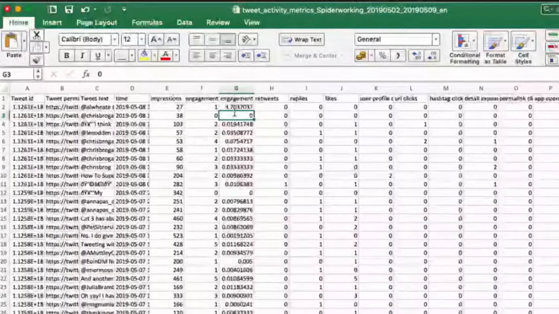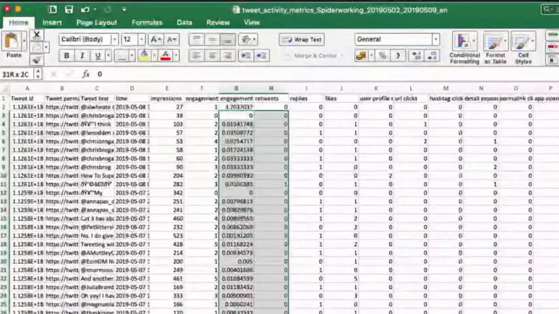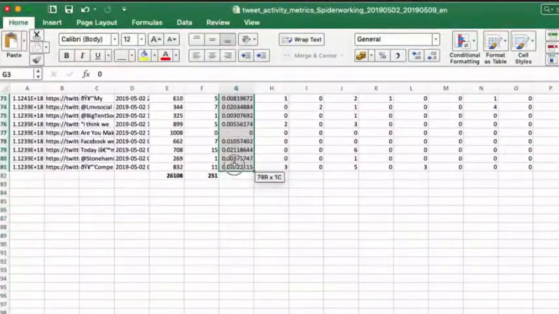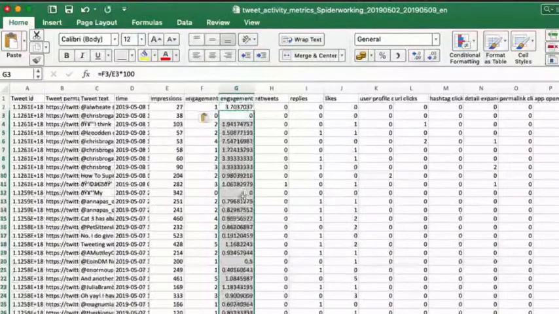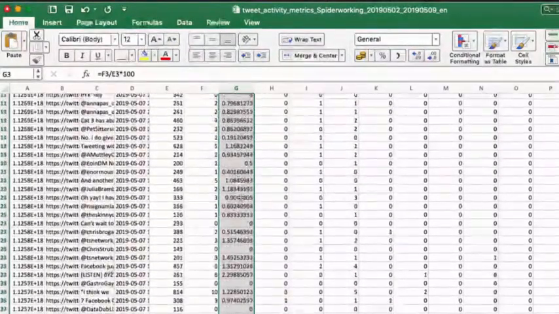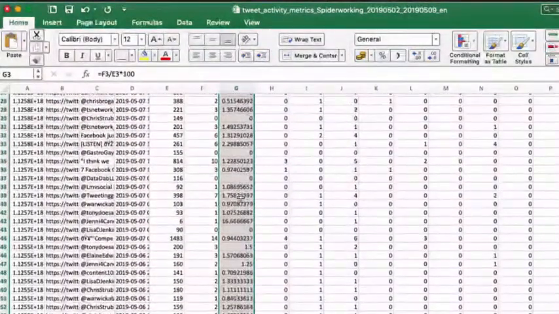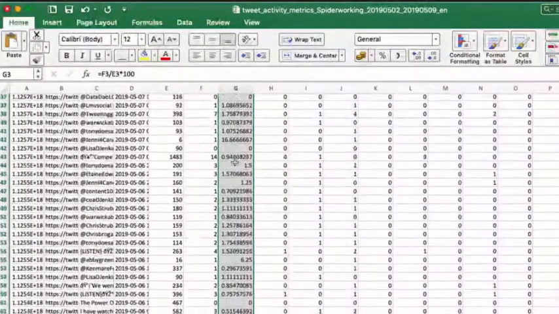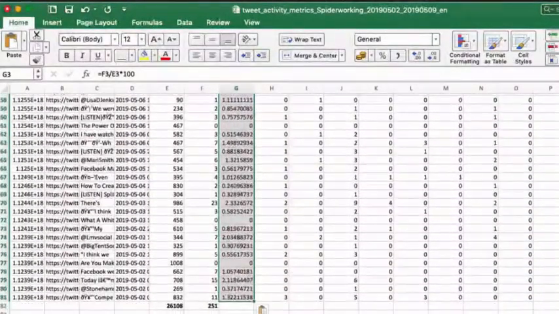So we can apply this engagement rate formula to all our tweets. Oh, and there's a whole lot of them there. That's better. That looks less scary. This one here had a 16% engagement rate. Now we're getting close to our Facebook figures.